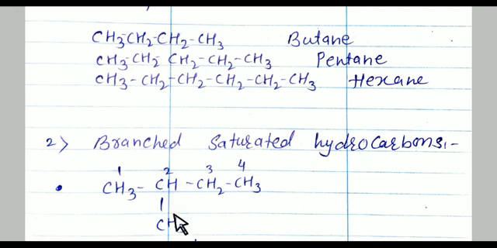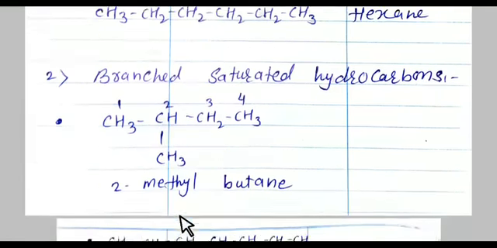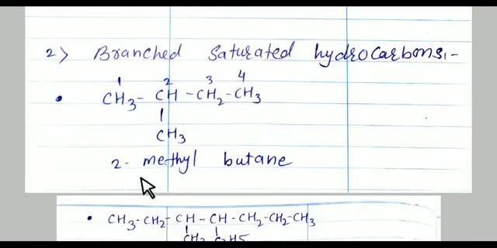Now the carbon which is not in the numbering is the branch. So the branch in this compound is on the second carbon, and this branch is CH3, which is from the alkyl group, and the name of this branch is methyl. So the name of the compound is 2-methyl-butane.